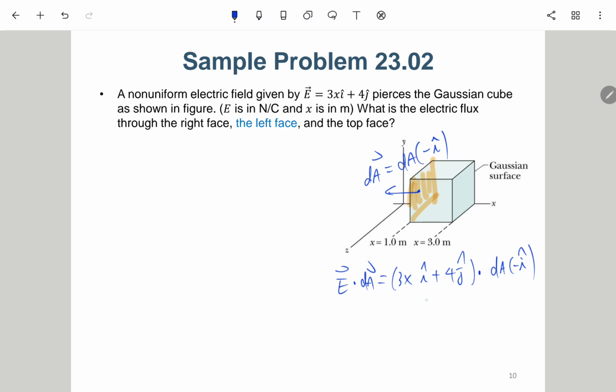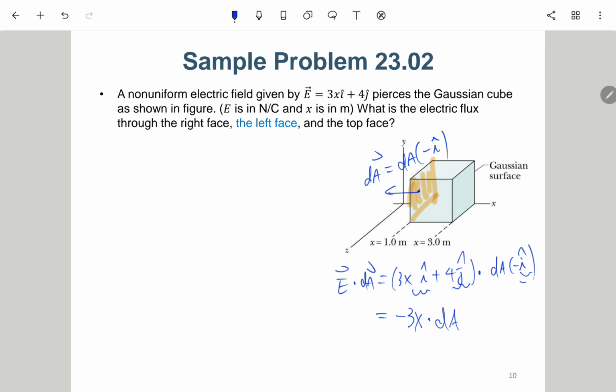We can do it more quickly: i dot i is 1, but here we have a negative sign, so it turns out to be negative 3x. For the second term, j dot i is 0, so it is negative 3x dA only for this case.